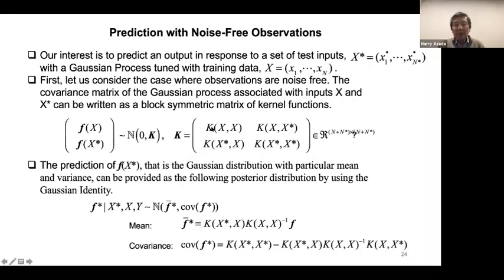Given the characteristics of the prior distribution, we can apply that Gaussian identity, and now we can discuss the conditional distribution conditioned on X and Y and X star, and find the mean and the covariance in this way.